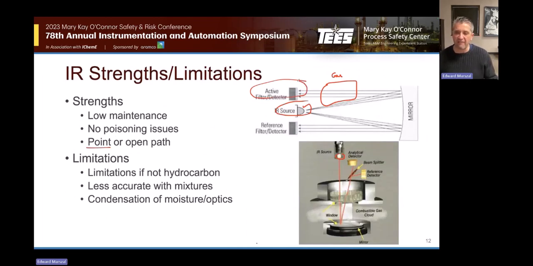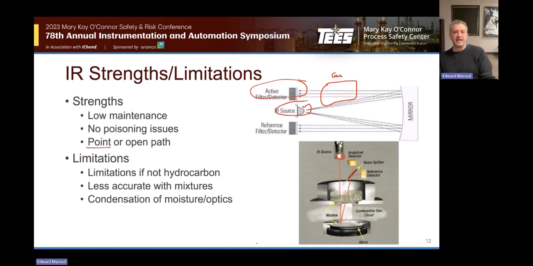So instead of having them inside one enclosure, you can have one source at one location and then your detector tens of meters away and shoot the beam across open space, and have a greater coverage, because any gas cloud that goes through that beam is going to be detected, as opposed to the gas cloud having to come to the detector itself.